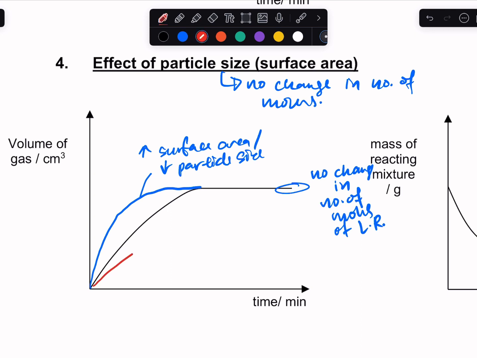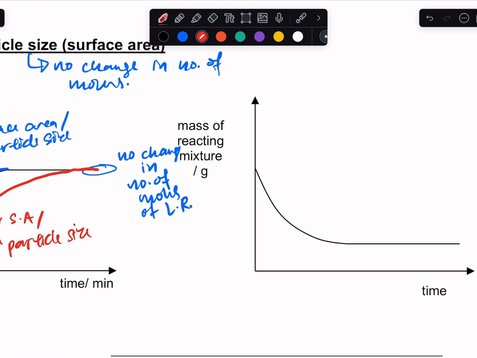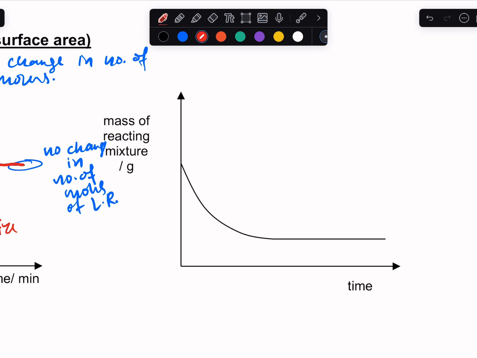If I were to reduce the surface area, or increase particle size, I have a gentler gradient, but I will still end at the same point because there's no change in number of moles of the limiting reagent. If I were to draw the change in mass, it should start at the same point still.